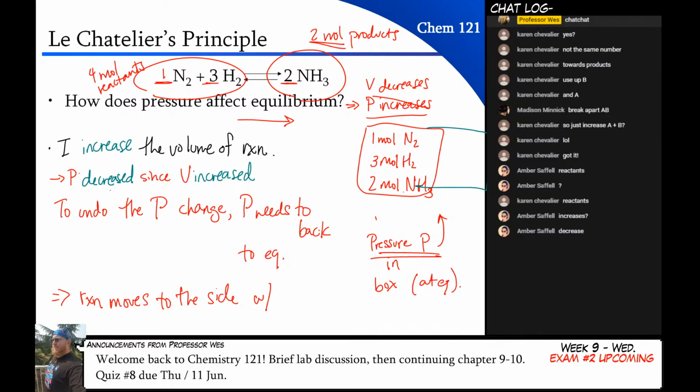Okay, now the pressure is too low. It needs to increase to go back to equilibrium. So, which direction should my reaction move? If I want pressure to increase, should I make more stuff or less stuff?